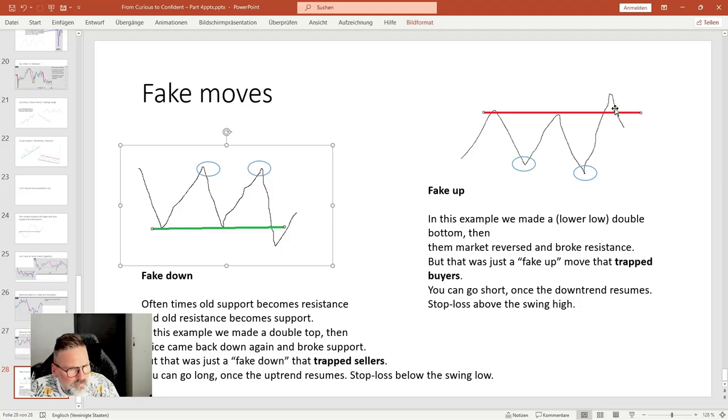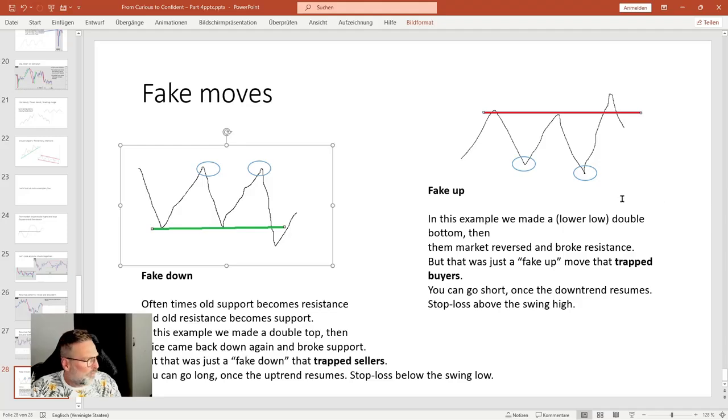In any case, buyers would have placed their stop loss somewhere here, inside the range, and then as the market traded back into the range, they got stopped out. And that is your chance to sell short. Place your stop loss above the swing high here and hope for continuation, targeting maybe the lows again, since this is clearly in the context of a trading range.